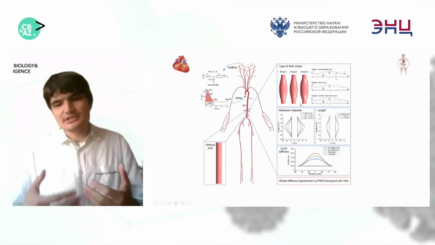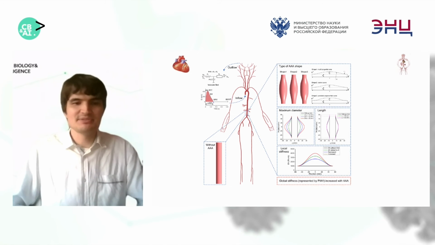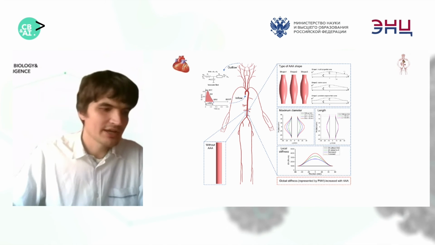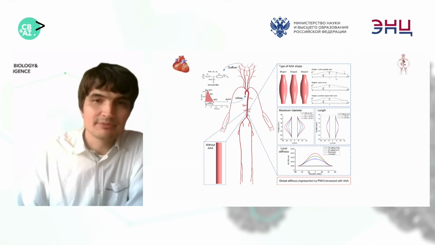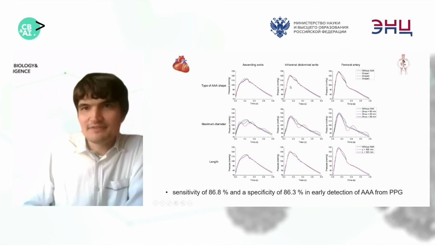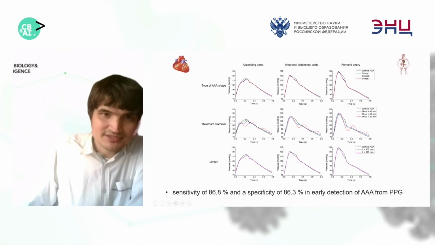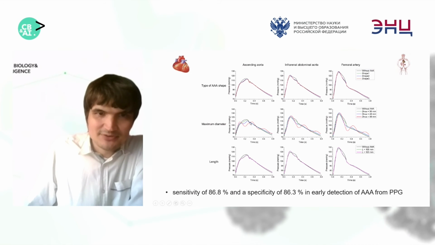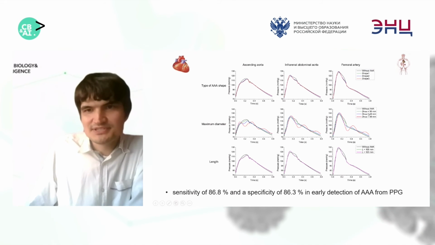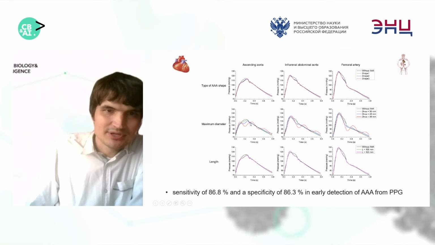You can generate a lot of pulse waves and then analyze them in a similar fashion with the help of neural networks and other machine learning methods. Here are some examples of pulse waves with and without aneurysm. We can see that in some places, the pulse wave is very different for the virtual subjects without aneurysm, the black one, and with aneurysm, the red one.